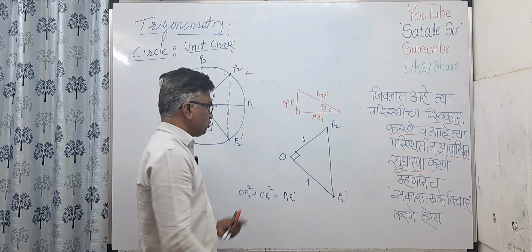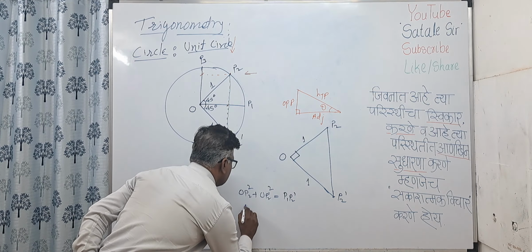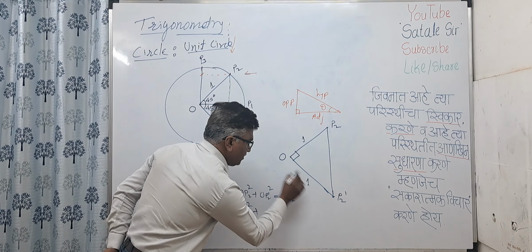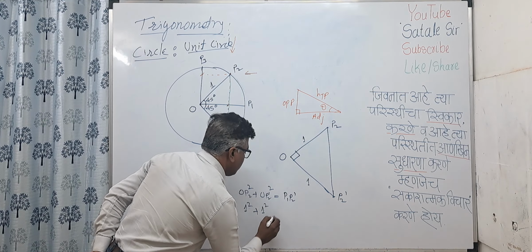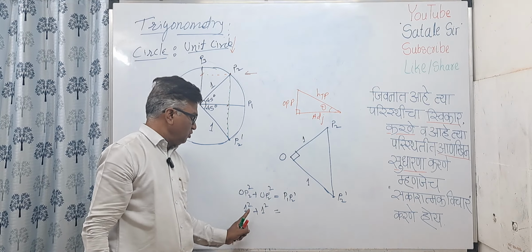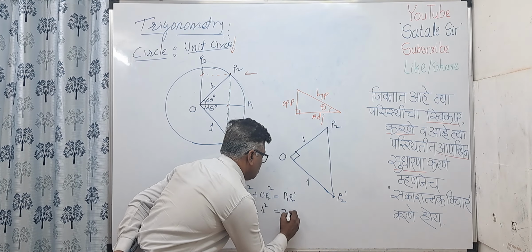Now OP2 square is 1 square, plus OP2 dash, the length of this side is again 1, so it will be 1 square. This will be equal to 1 plus 1, that is 2.